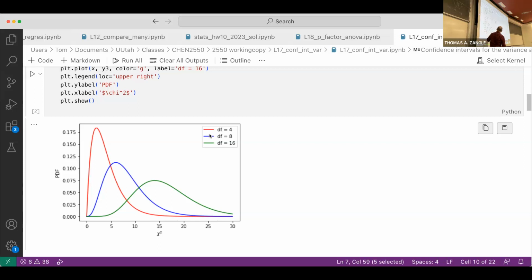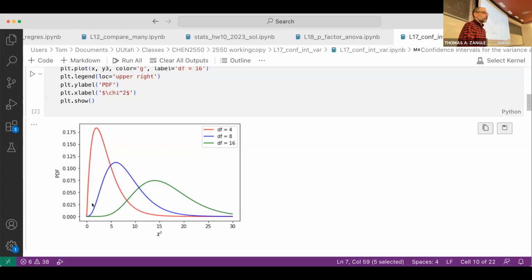When we were looking up values for the t distribution, we used the fact that it was symmetric to only ever have to consider one of the tails. On the exam, I gave you a table for the t distribution, and I only gave you information for one of the tails. When we use the t distribution to find a confidence interval or do a hypothesis test, we set it up to only really look at one of the tails. But for the chi-squared distribution, we can't do that.